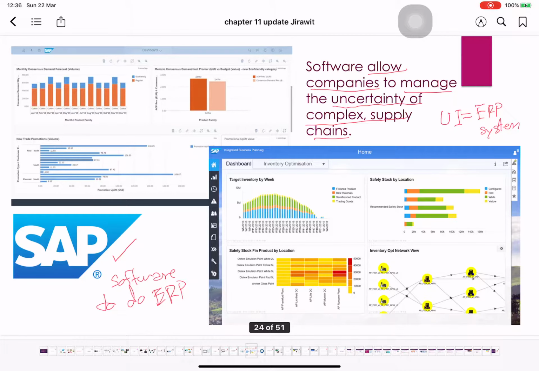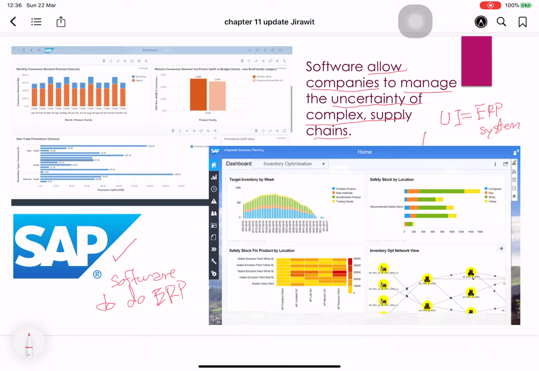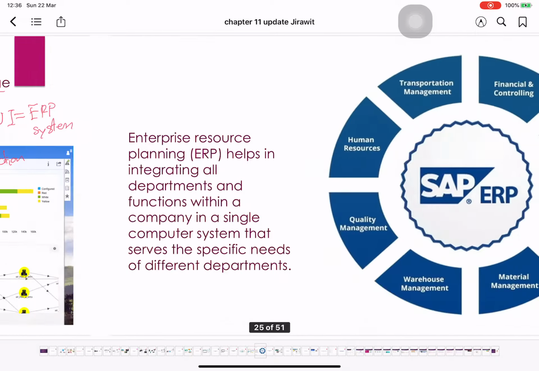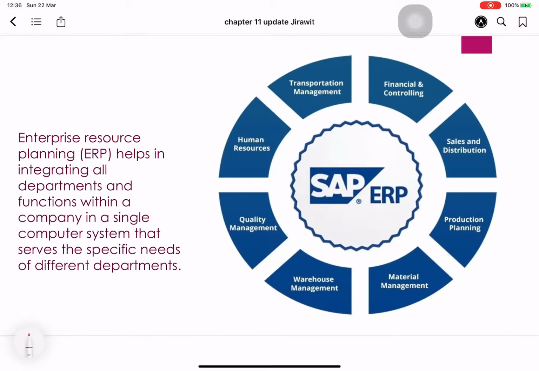This is what the UI looks like. You can see a lot of functions on this to manage the enterprise. This is another example that you can see the function.